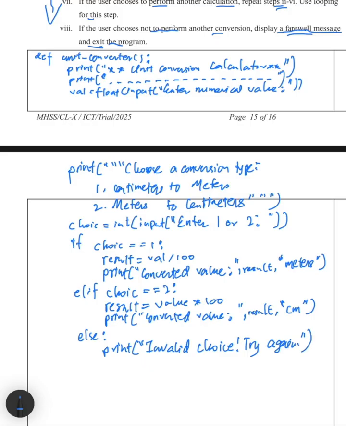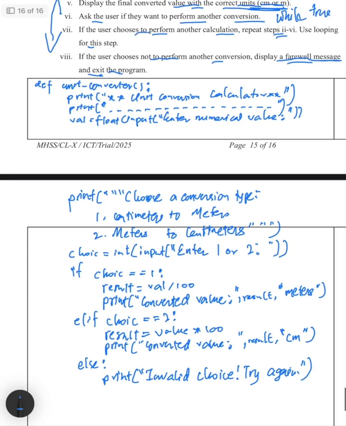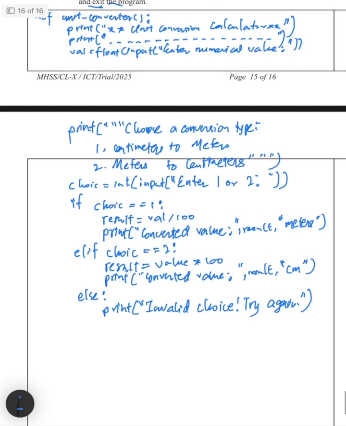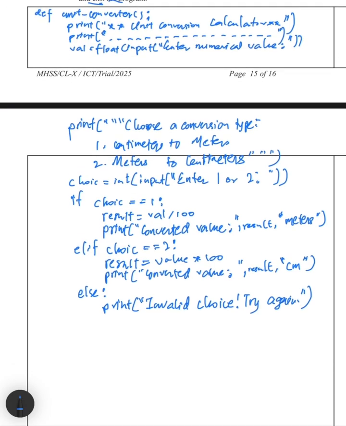Since the question asks if the user wants to perform another conversion, so here we'll this time use another variable called again. I will ask the user if they want to do it for a second time, or as long as how much ever they want to convert the unit.